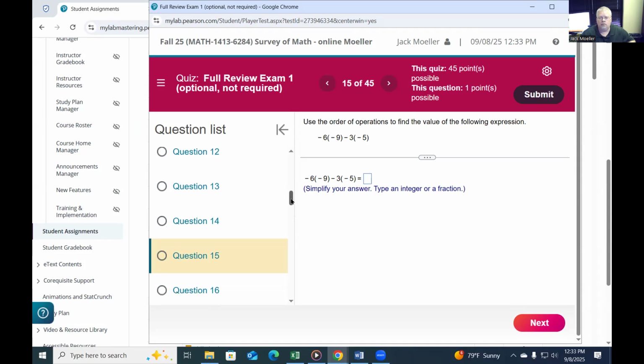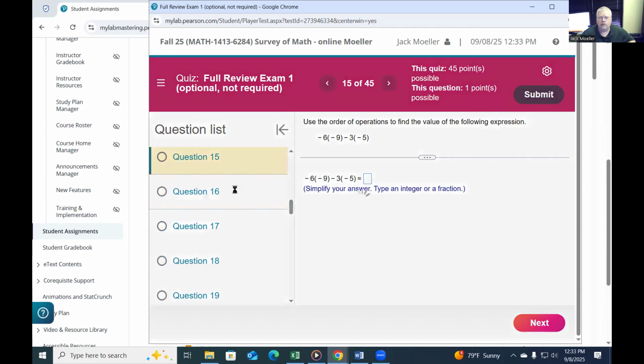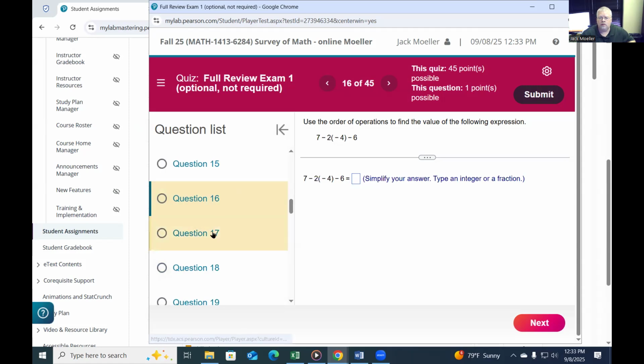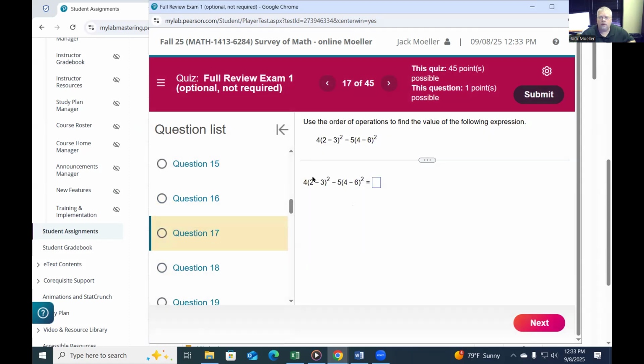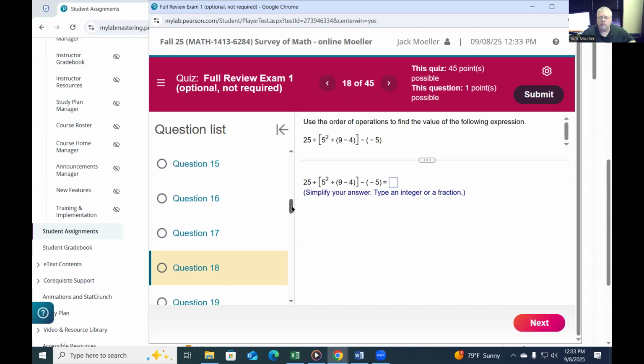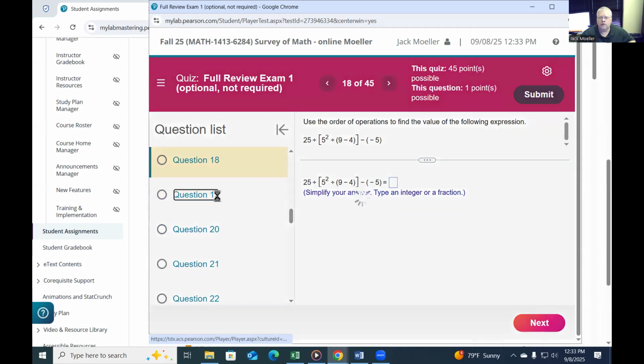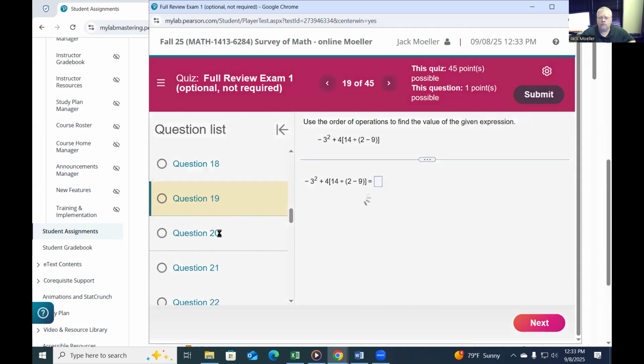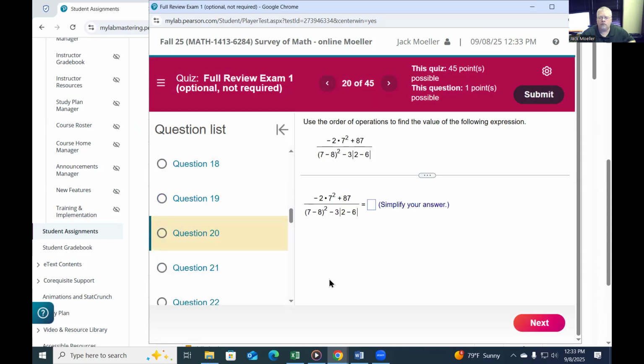And so we're going to start out with medium level problems in order of operations, and then we'll get into some with exponents, and then messier ones with brackets, and then we'll have some with fractions. Don't forget, absolute value is fair game in order of operations.